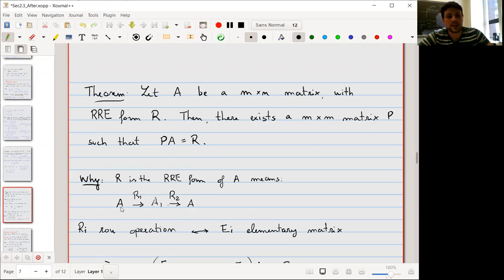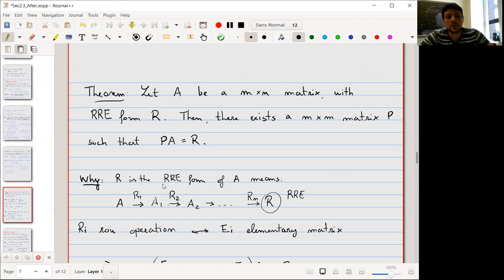So I start from my matrix A, and then I apply a row operation. I get another matrix A1. I apply another row operation, and so on, until after some number of row operations I get to my reduced row echelon form. But now, all of these row operations correspond to elementary matrices.